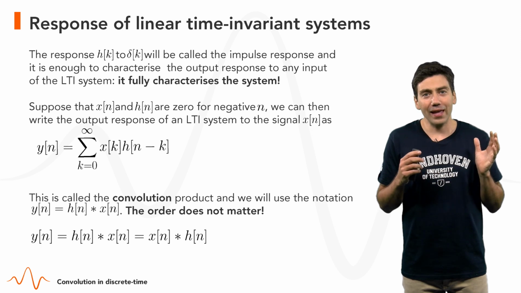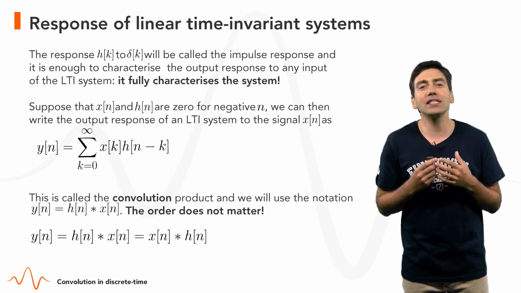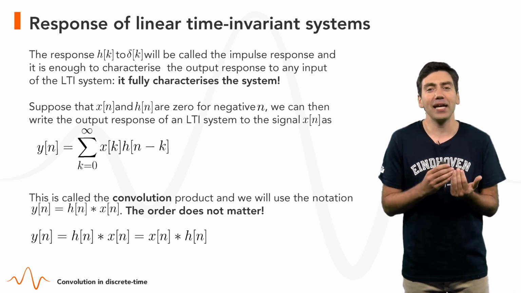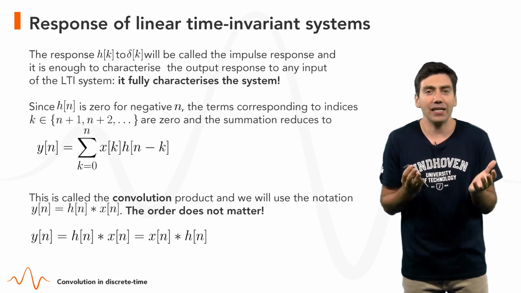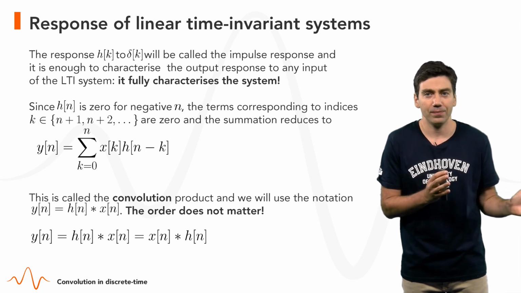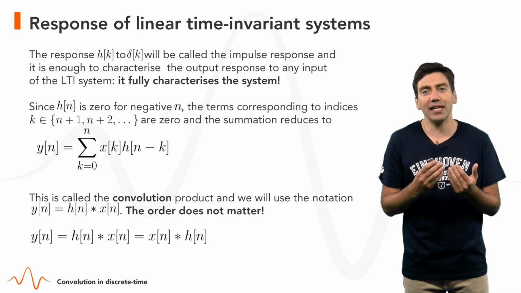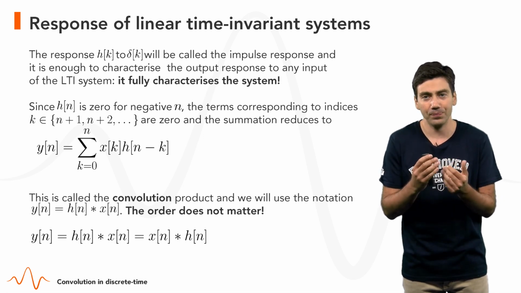Now, the formula is slightly different when the two signals x and h only start at 0. In this case, we can replace the summation from k equals minus infinity until infinity by the summation from k equals 0 until infinity, because x of k is 0 for negative k. Moreover, we can also consider the summation only until k equals n.